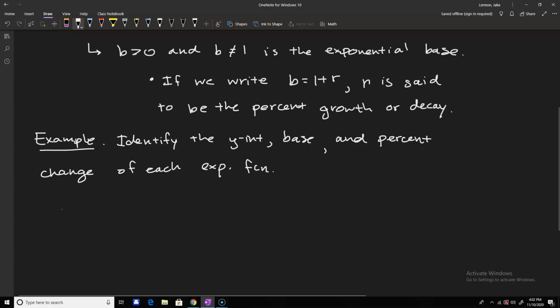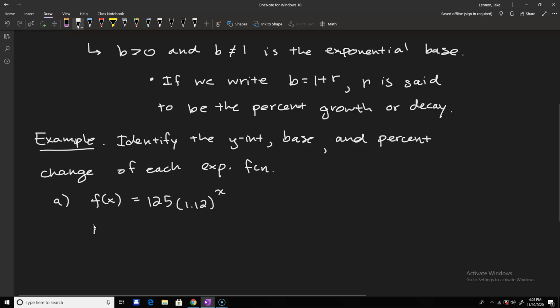So for this first one, a, let's say we have f of x, or you can think of that as y, is equal to 125 times 1.12 raised to the x. A lot of times with exponential functions, you will see them very frequently involve time, so you'll often see t as an input variable rather than x.